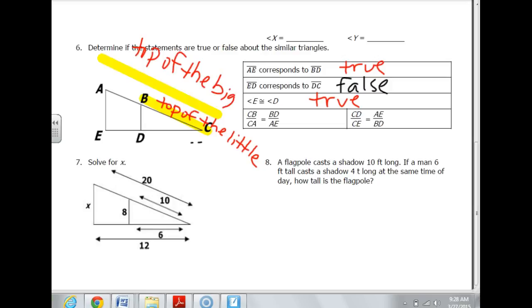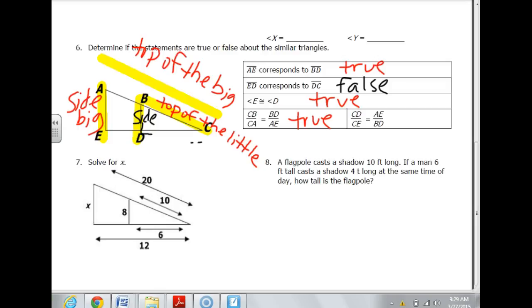Okay, so CB is the top of the little, and CA was top of the big. So now that has to equal BD, which is the side of the little. And so if we're talking about the side of the little, and that was BD, then we've got to be talking about AE because that's the side of the big. So yes, that is a true statement.